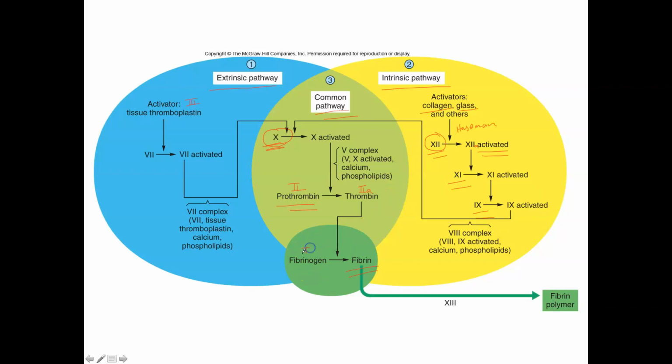So fibrinogen is factor 1, and so active fibrin, we can call that 1A. So Stuart-Prower factor activates prothrombin to thrombin. Thrombin activates fibrinogen into fibrin, and now we have this protein that is going to reinforce the clot, the temporary clot that we had with the platelet plug, and that is going to reinforce it and make sure that we're not losing blood.